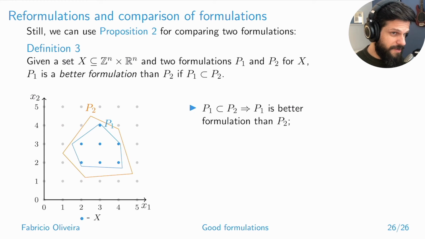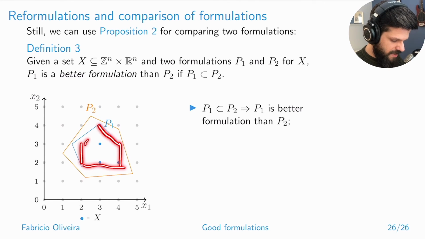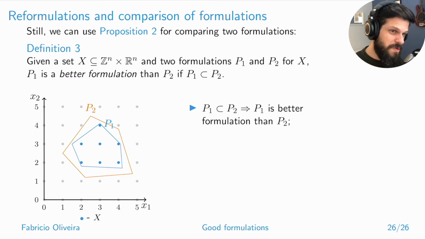And you will see that the methods we have to solve mixed integer programs are nothing more than looking at these formulations and, little by little, just like when you're cleaning a specific cut, removing this nasty outer shell and getting to the good stuff, which is right in the center. It's this process of peeling and removing layers, which, when easier, will require fewer cuts or fewer iterations in general, of course.